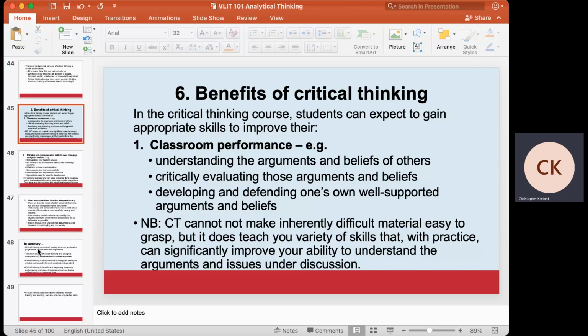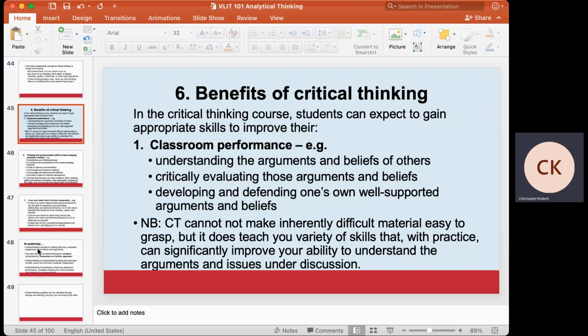Critical thinking cannot make inherently difficult material easy to grasp, but it does teach you a variety of skills that with practice can significantly improve your ability to understand the arguments and issues under discussion. So basically, I am saying that if you can think critically, it does not mean that very difficult texts or issues you come across will become easy.